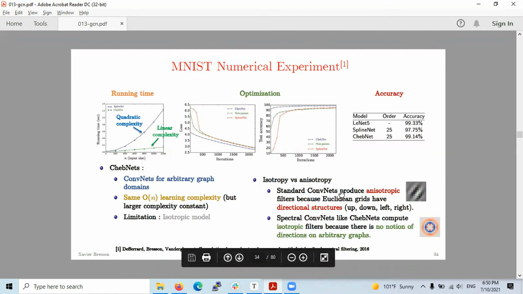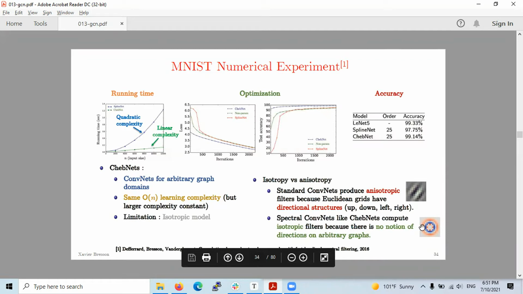But in a graph, it's impossible to define direction. If someone says this is the 10th node, I could say that could probably be the 100th node. So there is no sense of direction in graphs. That's why the spectral convolutional nets in graphs, when they learn, are isotropic in nature.